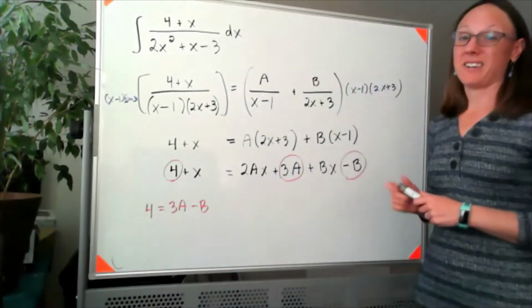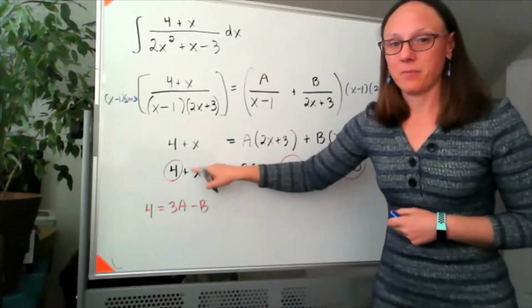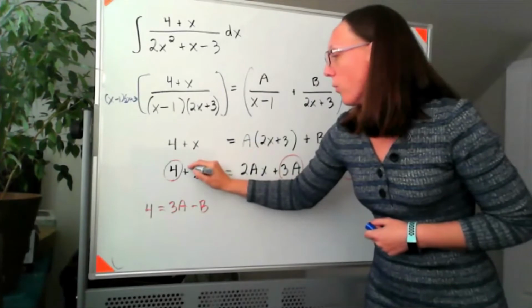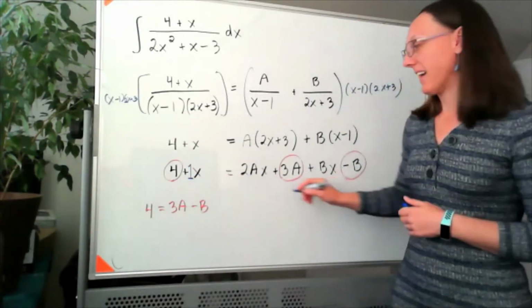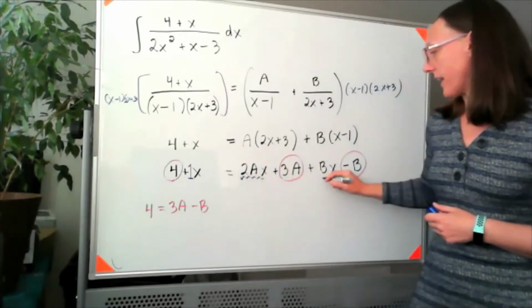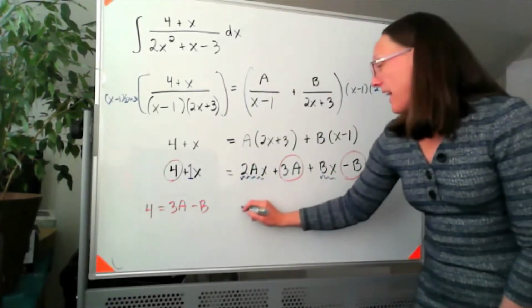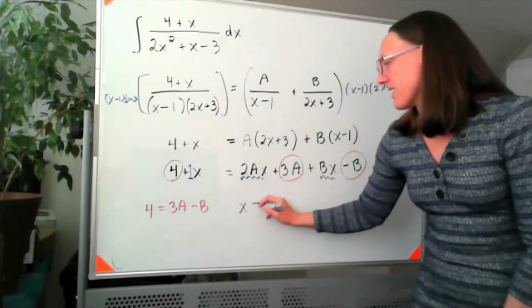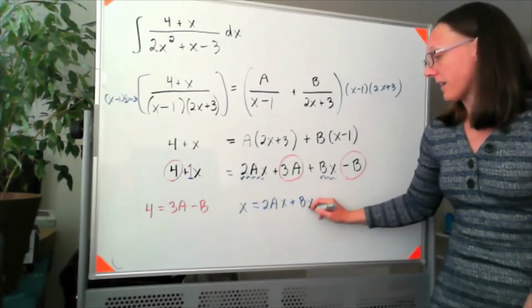Then I'm going to take the parts over there that have x's, and secretly there's an invisible 1 in front of that x. And I need that to match up with the parts over here that have x's. So I would have an equation that looked like x is equal to 2ax plus bx.